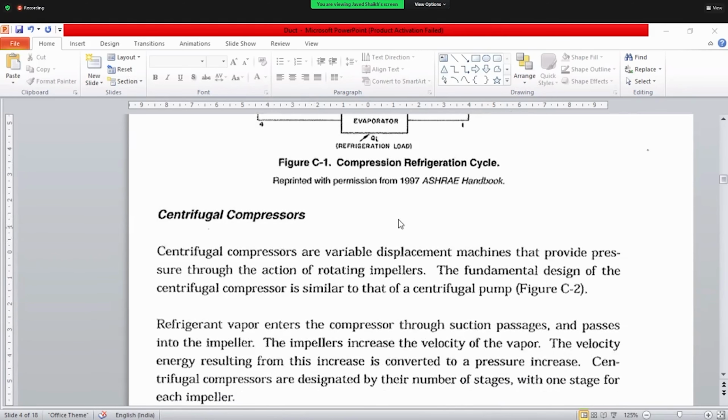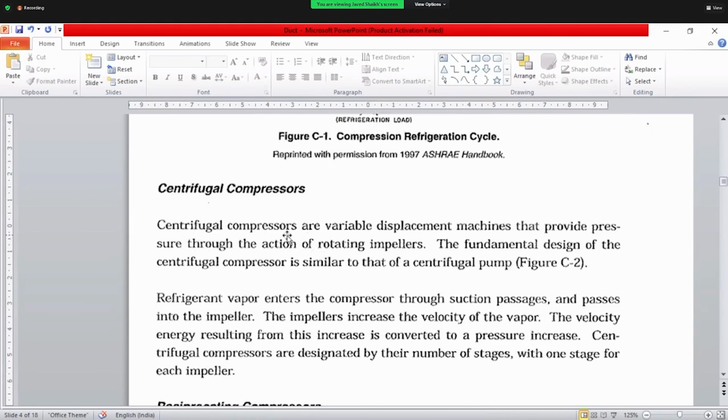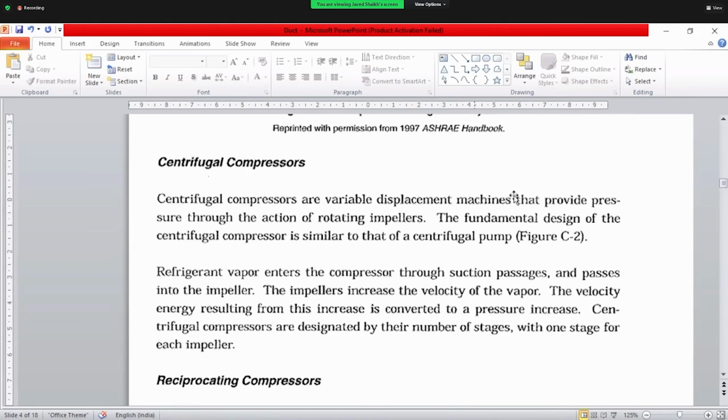Centrifugal compressor. We will now discuss the types of compressor we are using. The most basic and widely used is the centrifugal compressor. Centrifugal compressors are variable displacement machines that provide pressure through the action of rotating impellers.